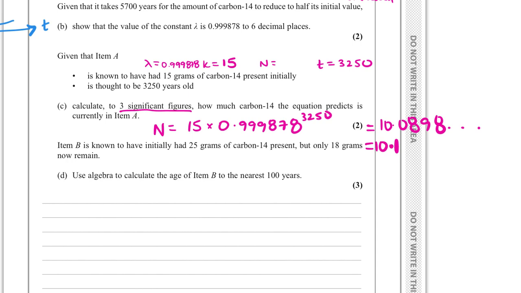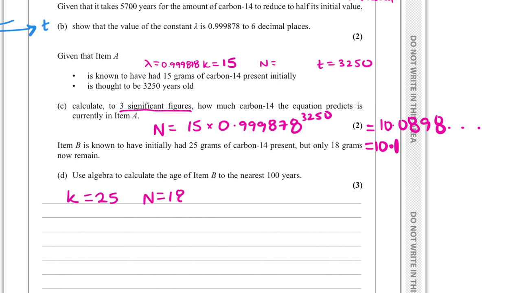Nice and simple. Then it says item B is known to have initially had 25 grams. What is that? K. So K is 25. But only 18 grams now remain. So what does that mean?